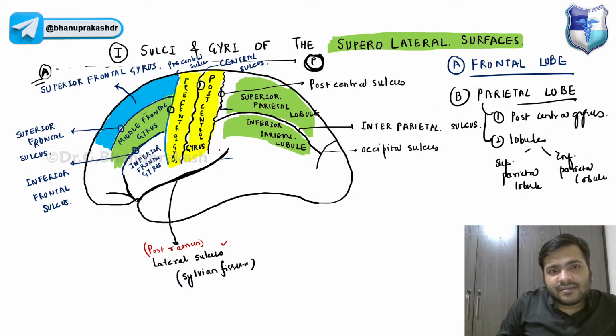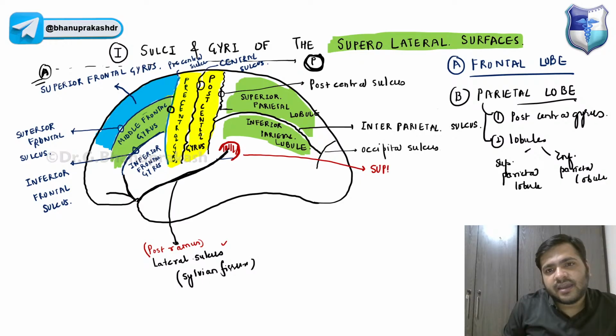We have a small arched gyrus, guys, surrounding the upper end of the posterior ramus. It is just capping over here, and you have to remember this area. That is very important, guys, and that is called the supramarginal gyrus.